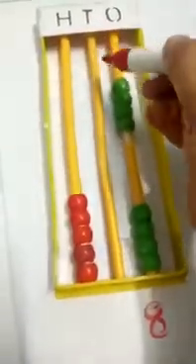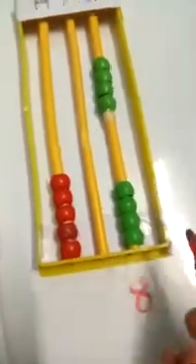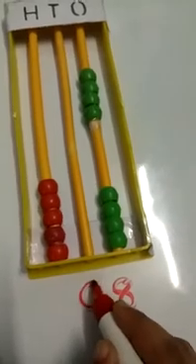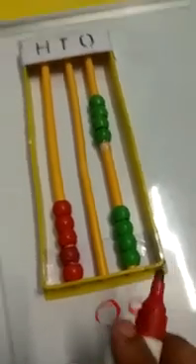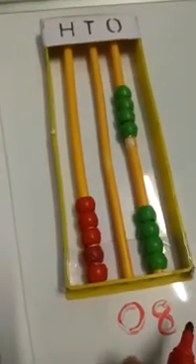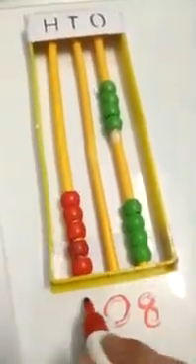And on tens place no beads are there, nothing is there, means what? It's a 0. If on a spike there is no beads, nothing is there, it means it's a 0. On 100 place 1, 2, 3, 4, 5.